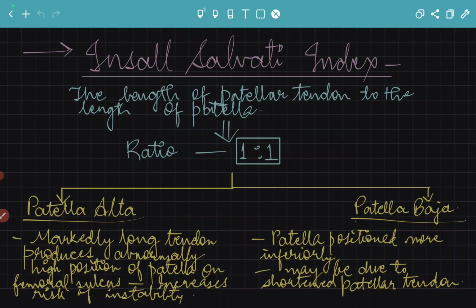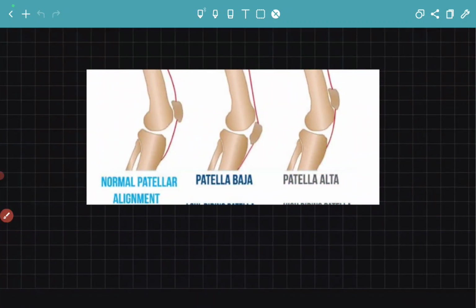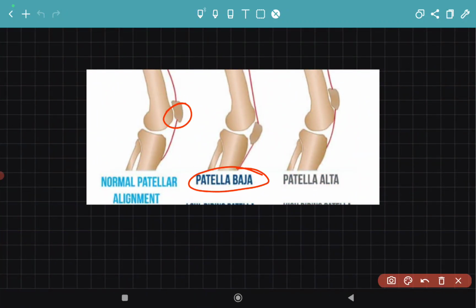Also there is patella baja, where the patella is positioned more inferiorly. Opposite to alta is baja. That may be due to a shortened patellar tendon, again appreciated in this diagram. This is the normal patella, and here, due to the shortened patellar tendon, the patella is pulled or positioned slightly more inferiorly.